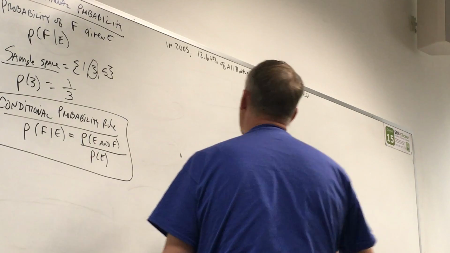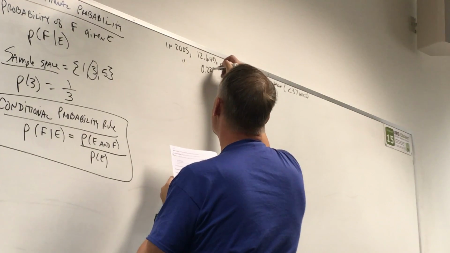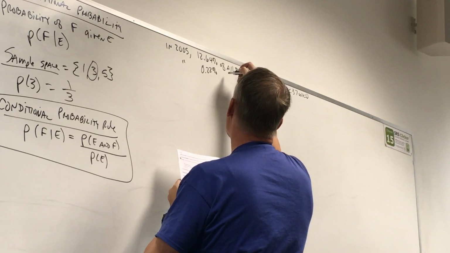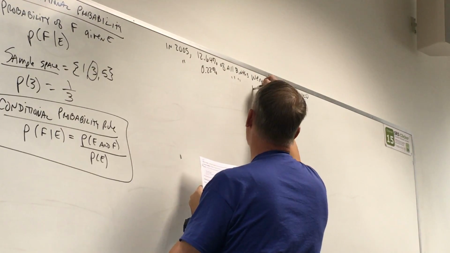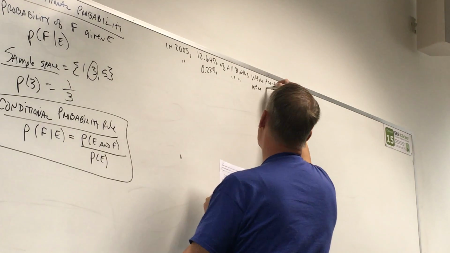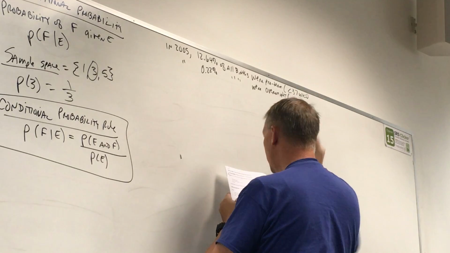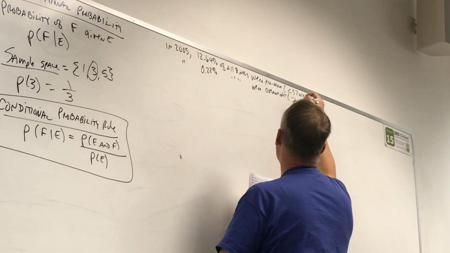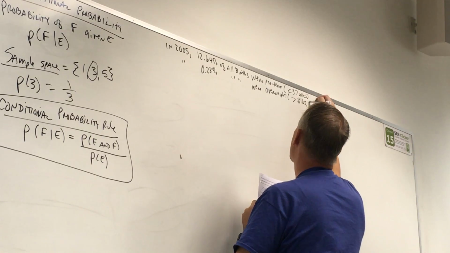Also in 2005, 0.22% of all births were overweight. And what we mean by that is greater than 8 pounds, 13 ounces.